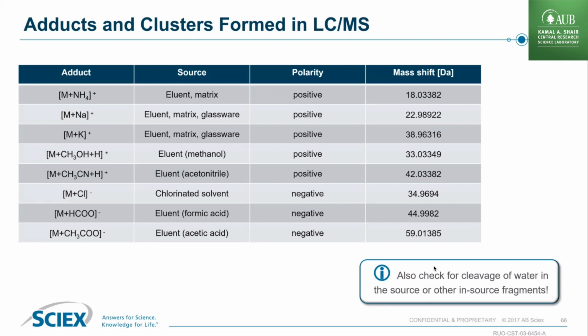Now, sodium and potassium primarily come from glassware. They may also come from the matrix of your sample. The nice thing about sodium and potassium is that you can usually convert them to ammonia adducts because the ammonia source is the eluent primarily, right?